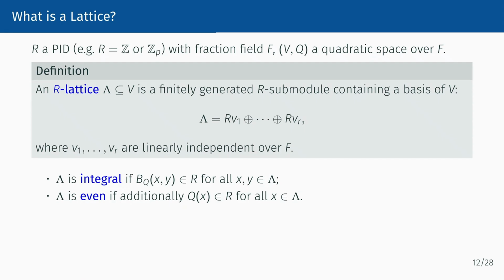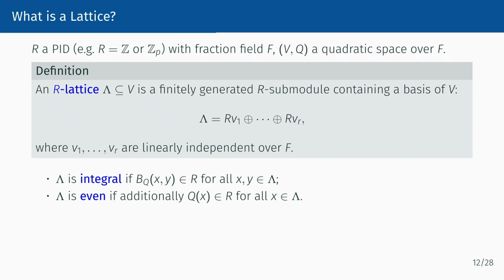And we will say that the lattice is even if the quadratic form that it represents is integral over all the elements of the lattice. So if we take a basis for this lattice and we find the Gram matrix with respect to this basis, it will mean that we will have even entries along the diagonal. That's why it is called even.